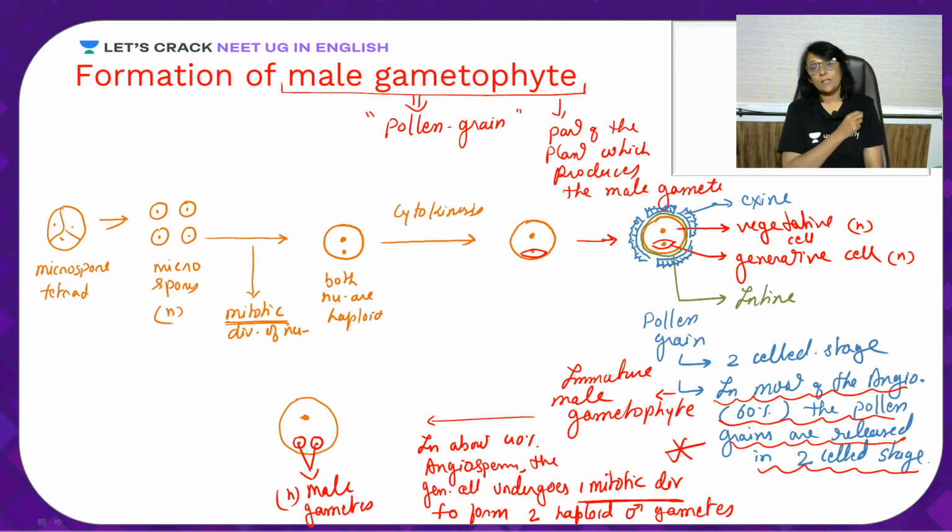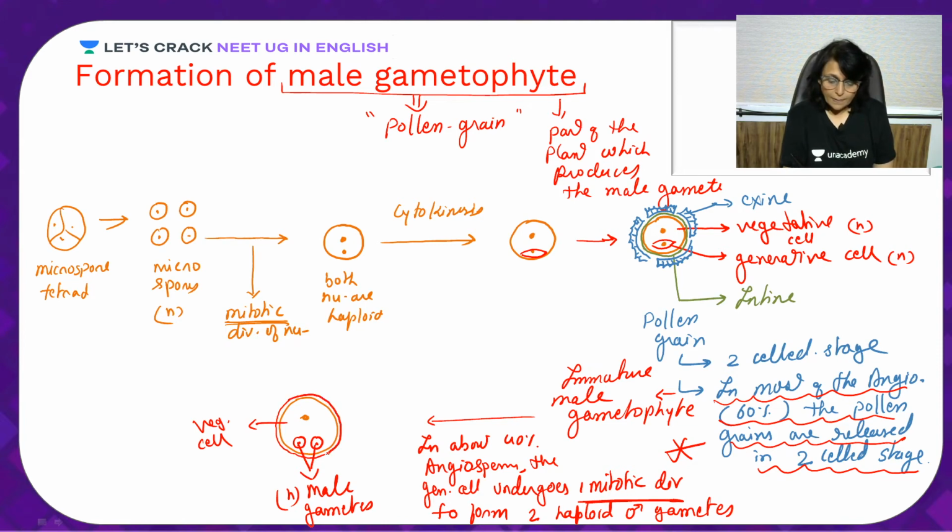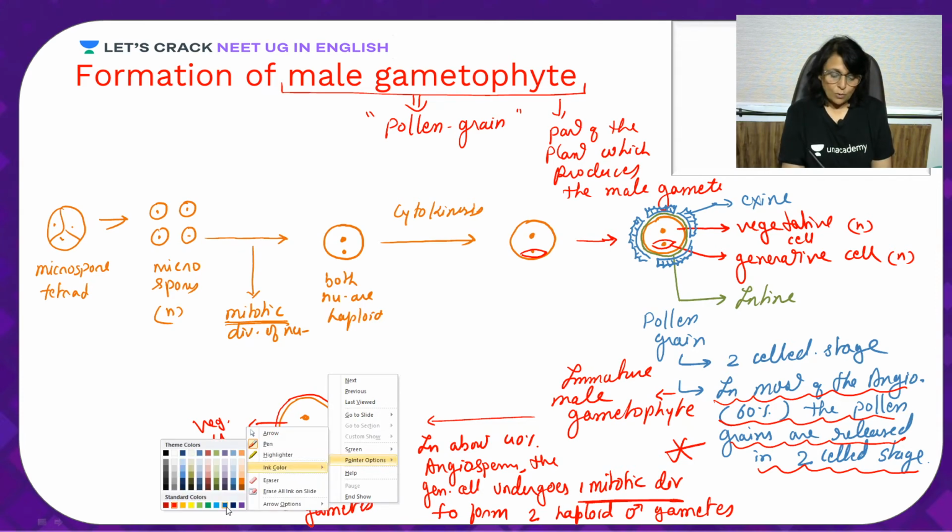Now, how many cells do we see? We see three cells. One is the larger vegetative cell and two male gametes, and the intine is also here, and outside the intine, exine would also be there.